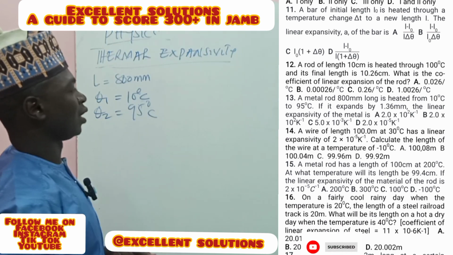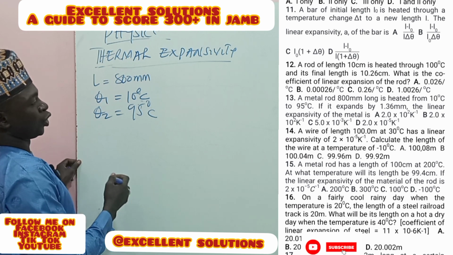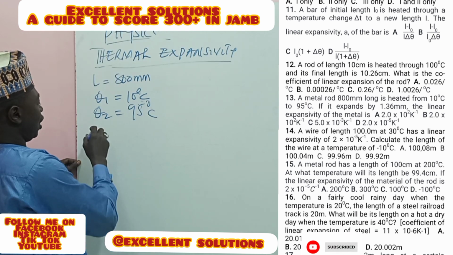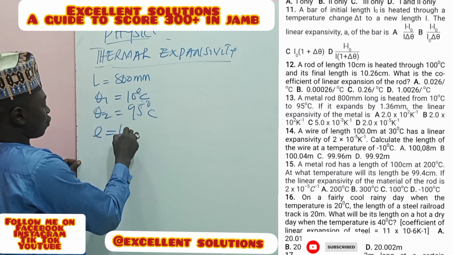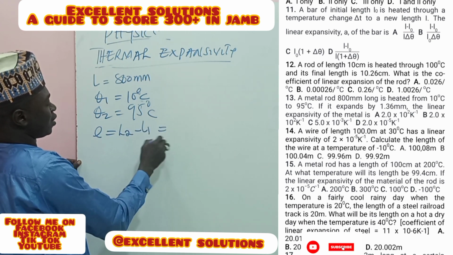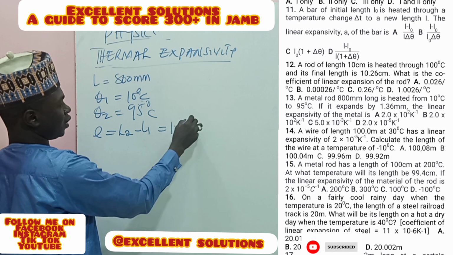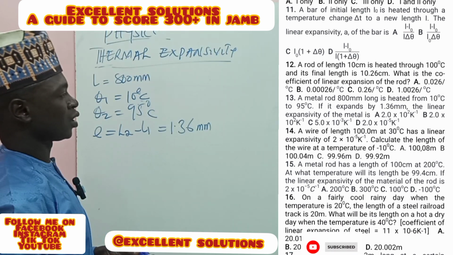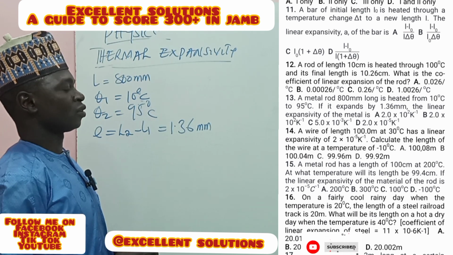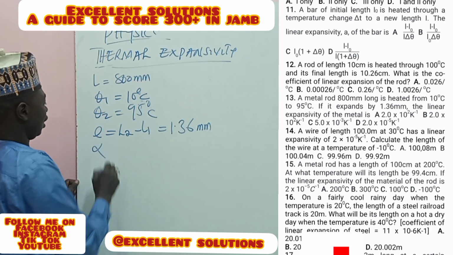If it expands by 1.36 millimeters, so our expansion is the same as L2 minus L1, and this is the same as 1.36 millimeters. The linear expansivity of the metal rod is, so we are asked to find alpha.